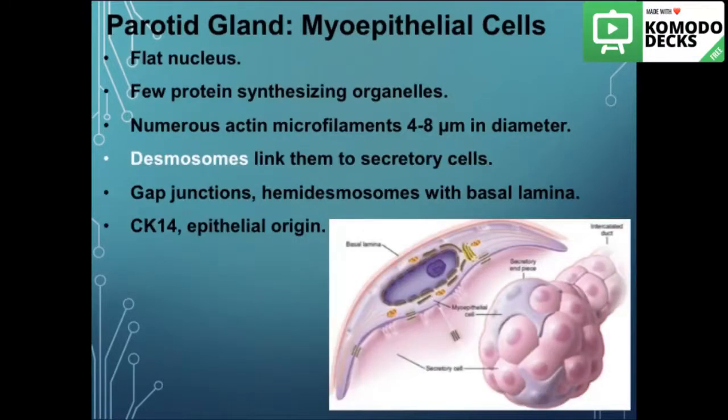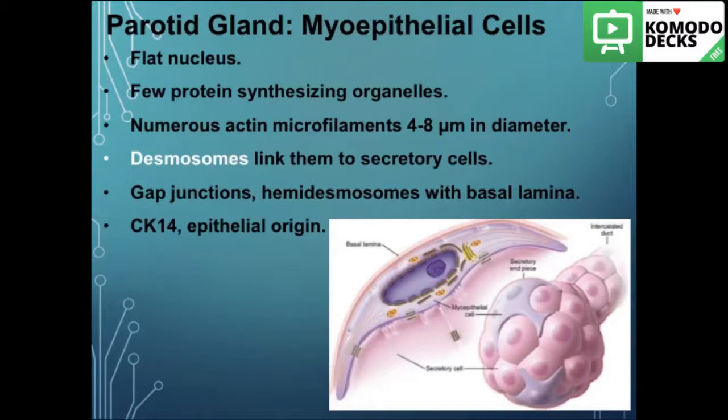The name of myoepithelial cells comes from them having cytokeratin intermediate filaments, which means they are epithelial in origin, and at the same time they are specialized cells, being smooth muscle-like because they have actin microfilaments helping in the contraction function.